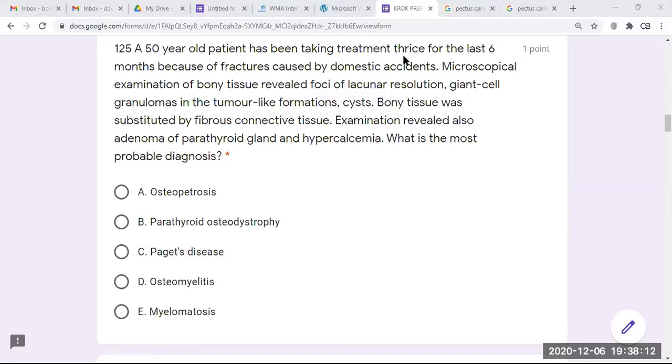This bone tissue was substituted by fibrous connective tissue. Examination revealed also adenoma of parathyroid gland and hypercalcemia. What is the most probable diagnosis? All right. So, bigger screen, please.